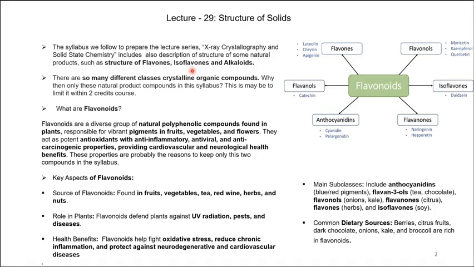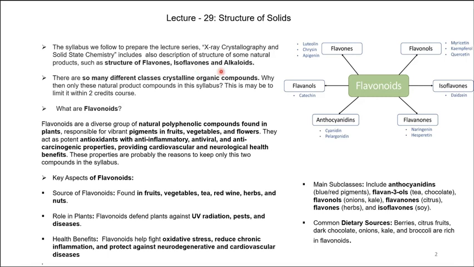For this reason, we are taking some natural products of organic compounds: flavones, isoflavones, and alkaloids. So when it says flavones and isoflavones, we have to describe the structure of flavones and isoflavones.